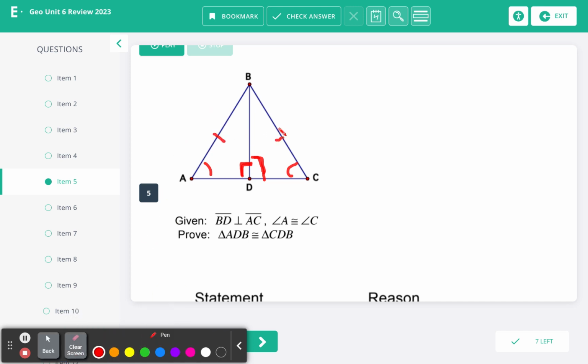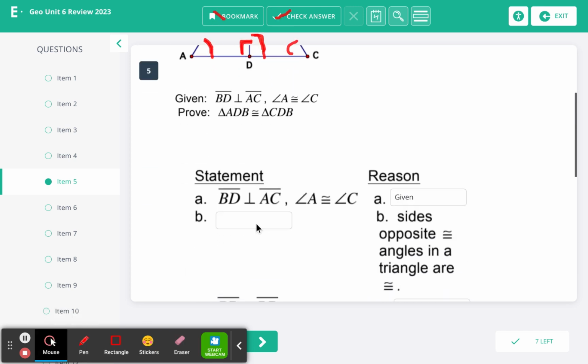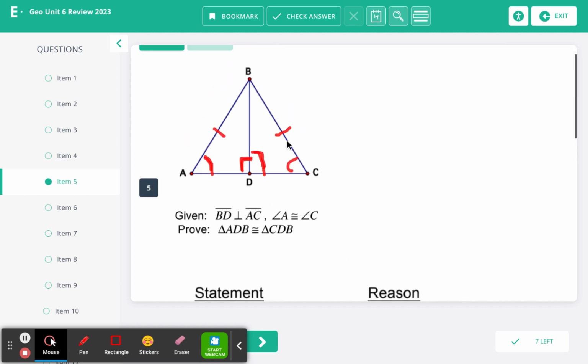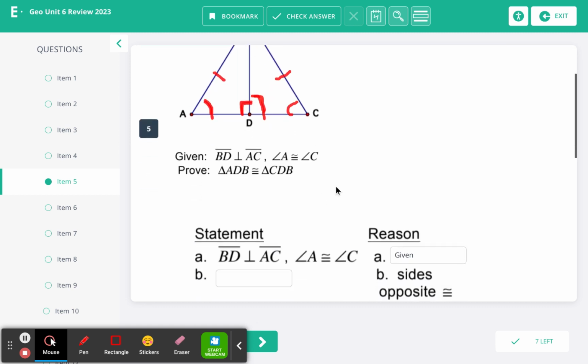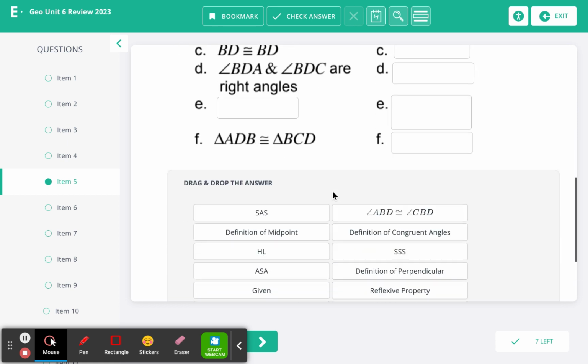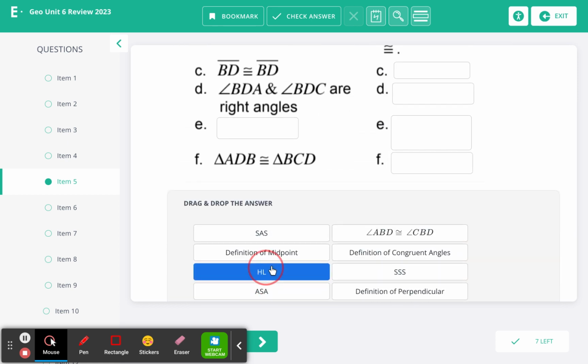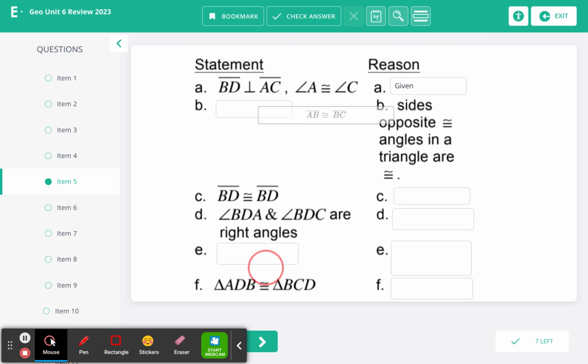So we just proved that those two sides are congruent because these two angles are congruent. That's essentially the fact that we're going to use here in step B. Because those angles are congruent, we know that AB and CB are going to be congruent sides. So AB and BC, those are congruent sides.